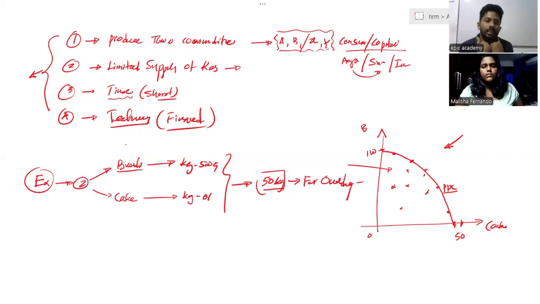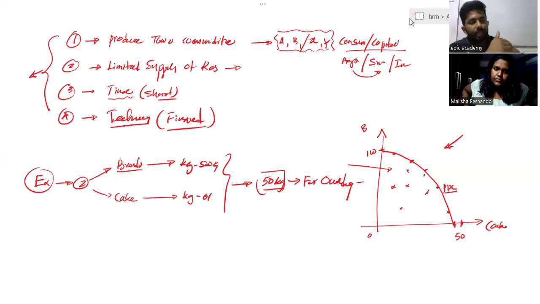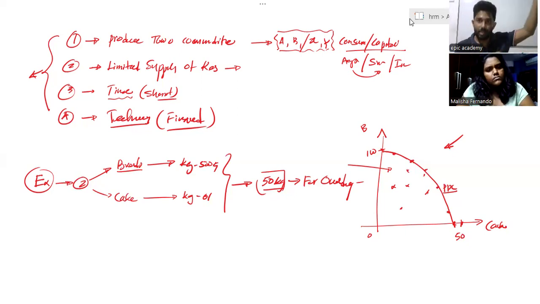If the technology changes, what will happen? Production can be changed. Because of technology, we can increase the productivity of any kind of organization. If you are using the latest technology for production purposes, your production ability can be increased with the same input.